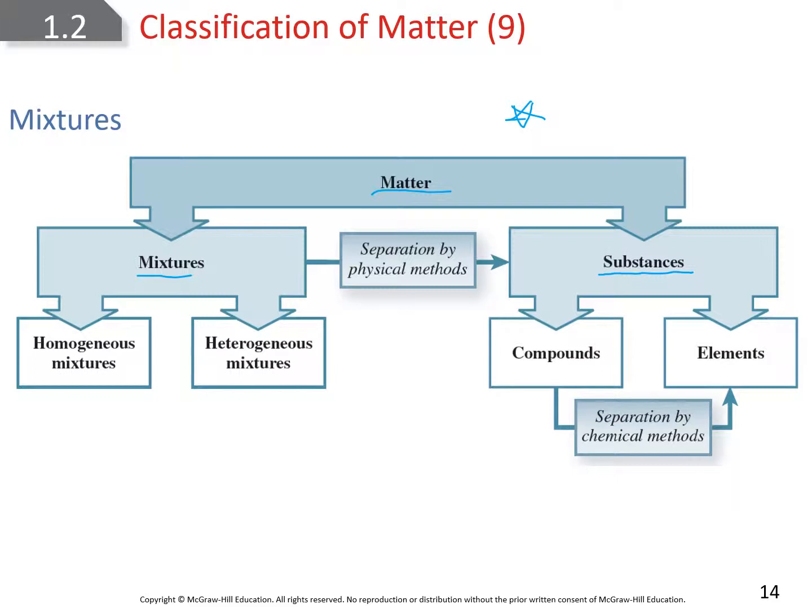Mixtures are made up of two or more different kinds of substances and/or elements, and they can be homogeneous or heterogeneous. Substances can either be compounds or elements. Elements make up compounds, and they can be separated from compound to element by chemical methods, whereas mixtures are separated by physical methods.